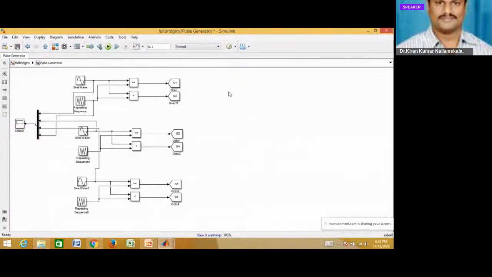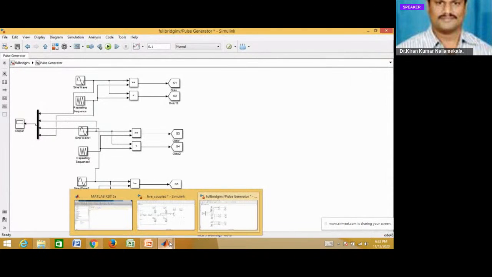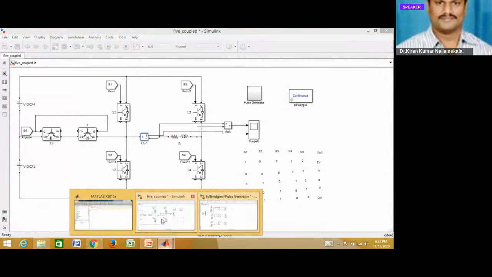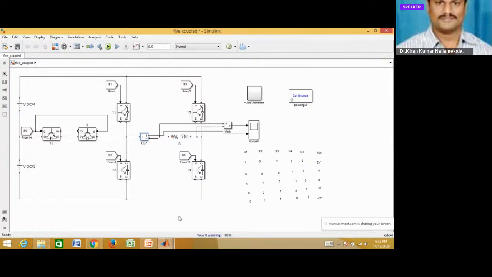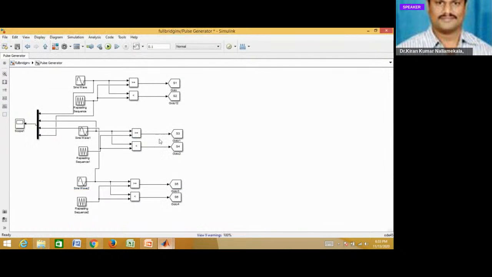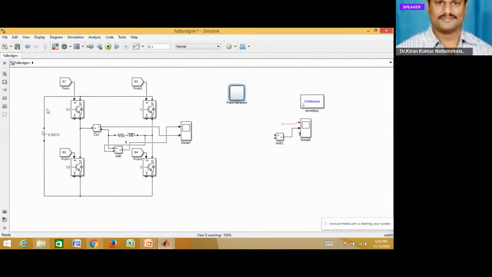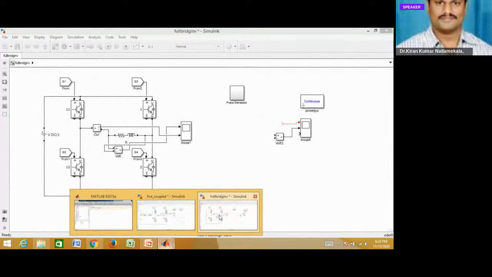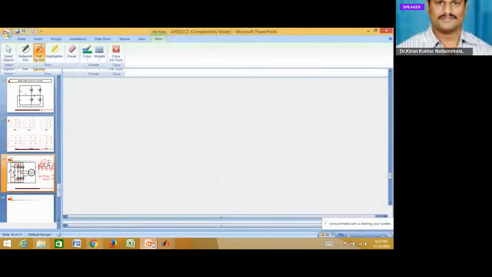So here the logic is, this is also called a full bridge inverter as well as a 3-level inverter. Okay, how do we generate the gating signal for a 3-level inverter? That we will see now.